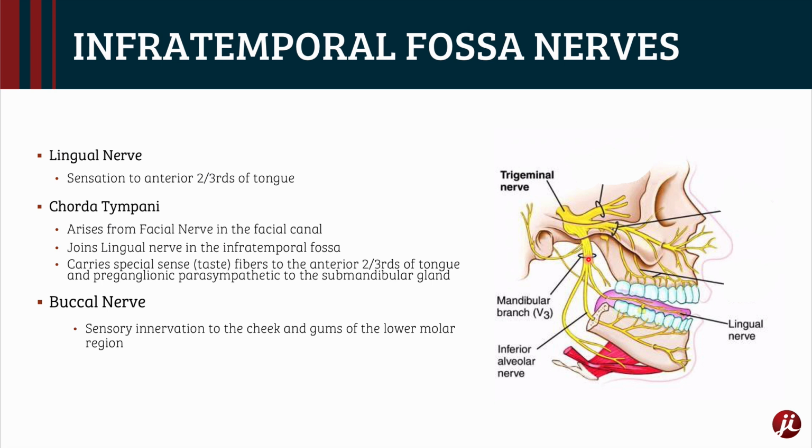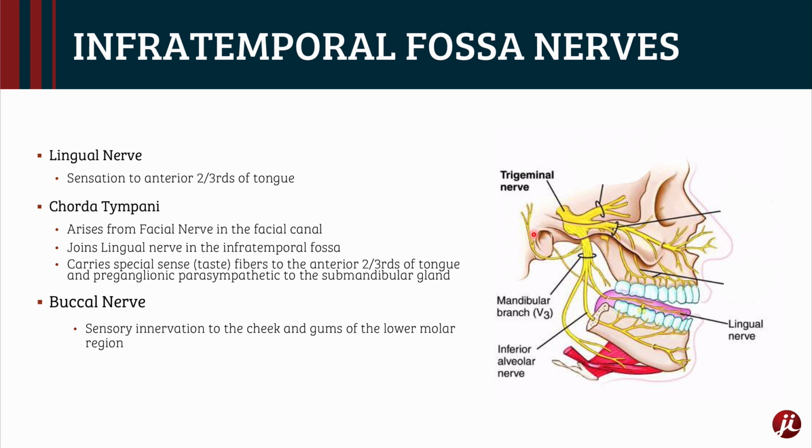Now the cool thing with the lingual nerve is that within the infratemporal fossa, it is joined by this nerve here, which is called the chorda tympani. And the chorda tympani comes from the facial nerve. And so the facial nerve is a parasympathetic nerve as well.